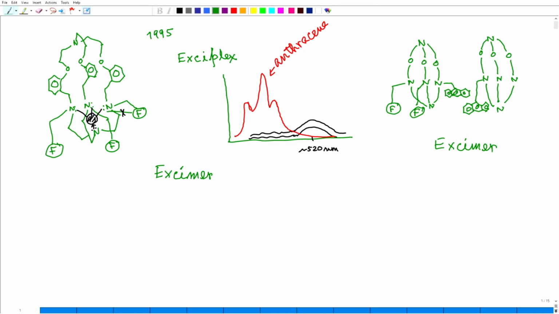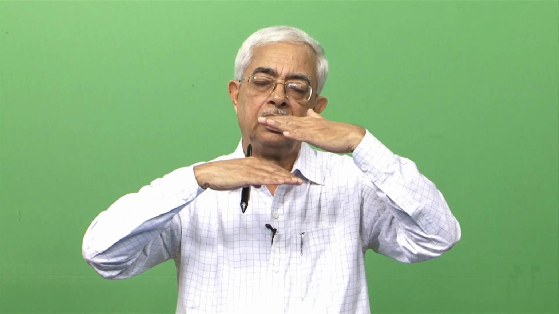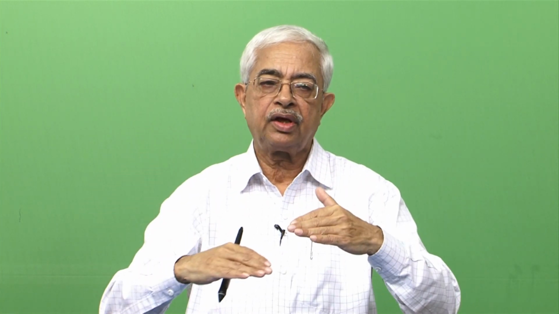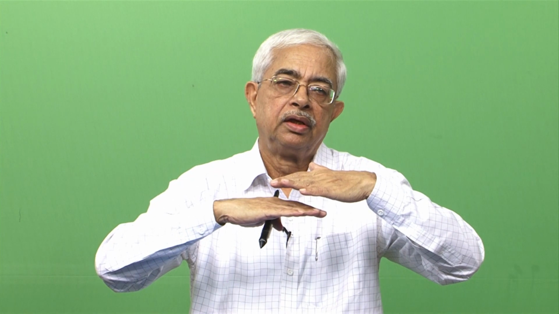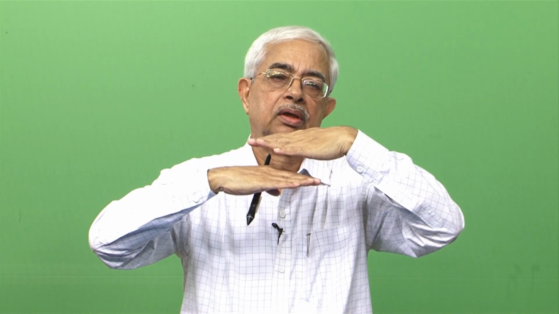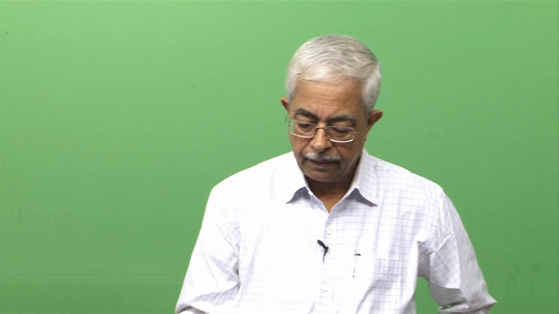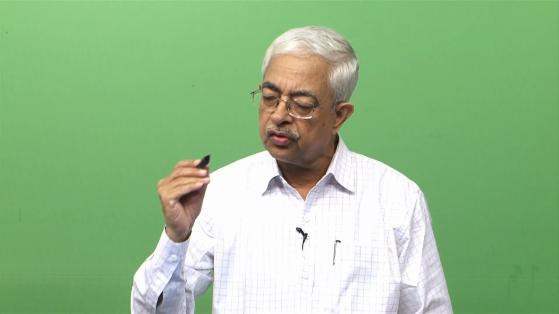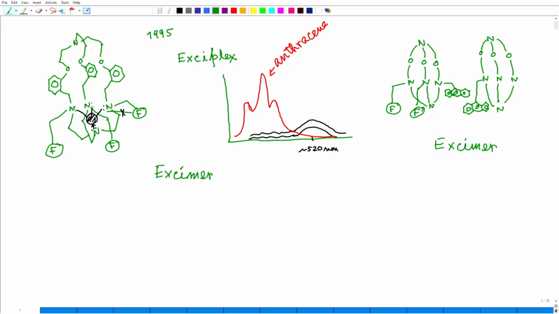To make sure, what can I do? I can increase the concentration of this fluorescent signaling system from minus 6 molar to minus 3 molar. Then there are more molecules of this and they are supposed to come and then stack. So, if I increase the concentration of the fluorescent signaling system, then I expect my excimer band to have greater intensity.